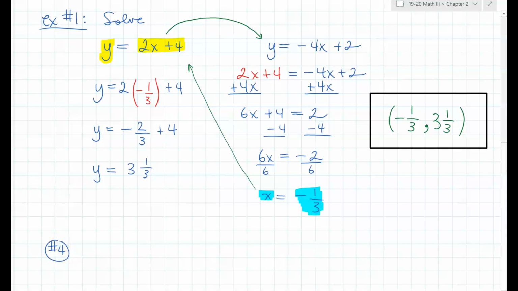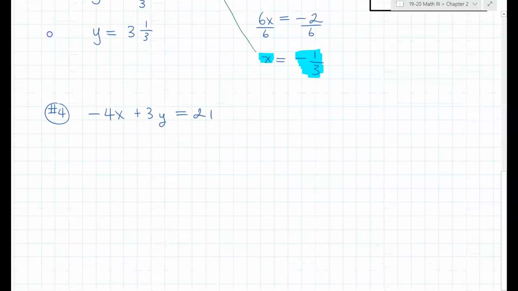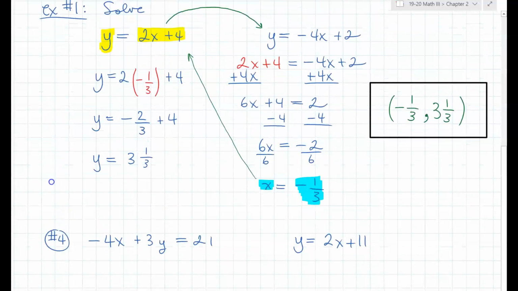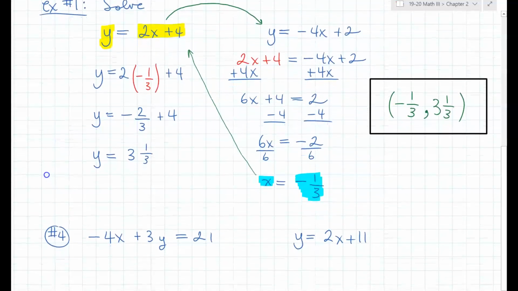For number 4, they give us negative 4x plus 3y equals 21. And to the right of it, I'm going to put y equals 2x plus 11. By the way, if you didn't notice, when I do my work, I work vertically, from top to bottom.